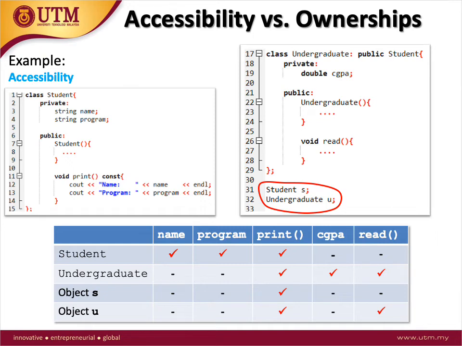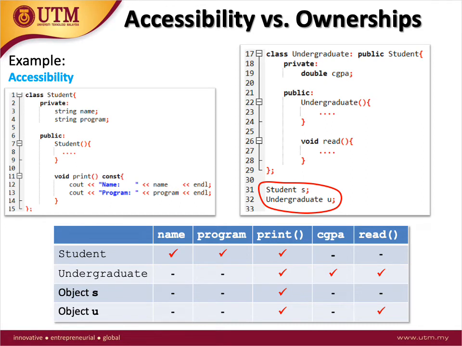If you look at the class Student here, it can access its own members: the attributes name and program, and the print method. For the Undergraduate class, since name and program in the Student class are private, it cannot access name and program in the base class.